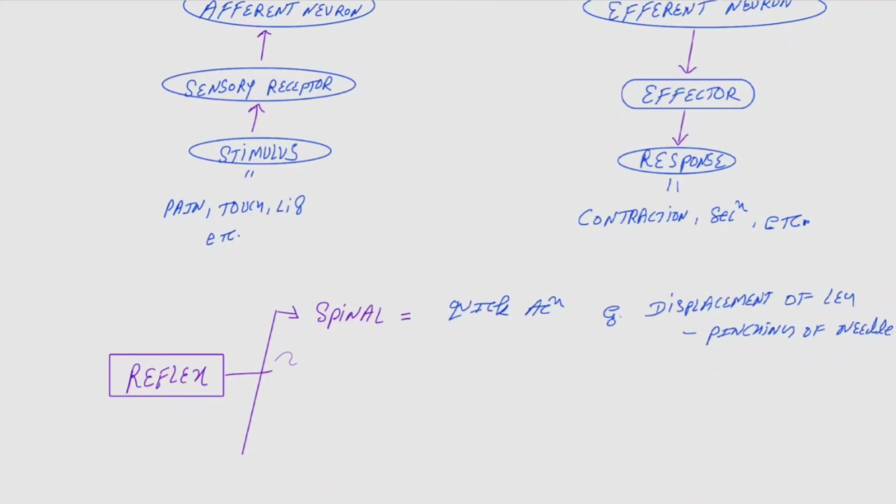Second is cranial. Cranial is completed by the brain because cranial nerves arise from the brain. This is slow action. Example like watering of the mouth for good food or favorite food.